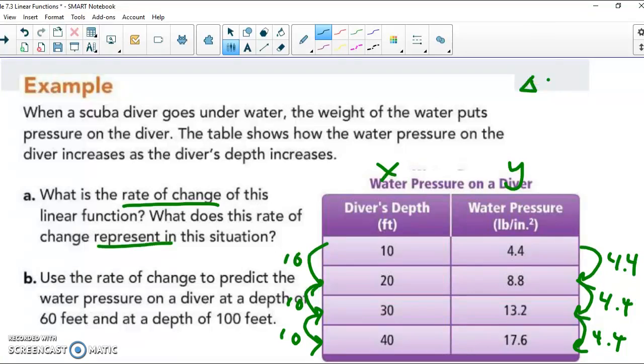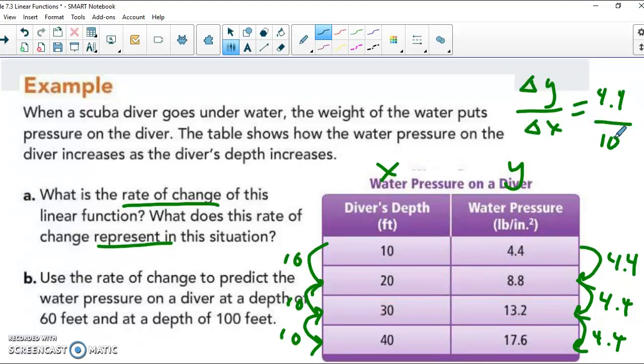So my change in y over my change in x would be 4.4 over 10. So this is my constant rate of change, and this rate of change represents the water pressure that the diver experiences compared to the depth that the diver has experienced.